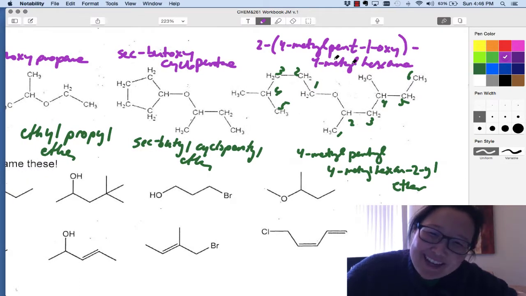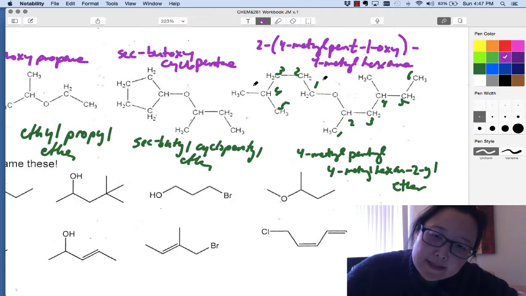All right, and then here I have a long one, right? So basically what I'm saying here is I want the longest chain, which is 6. So this is going to be my parent. So I have 4-methylhexane for that part.